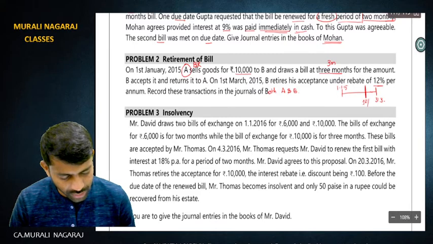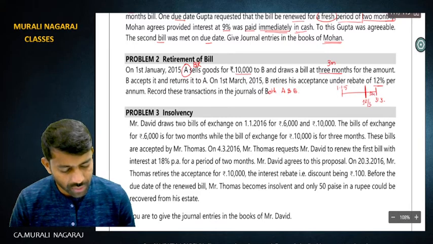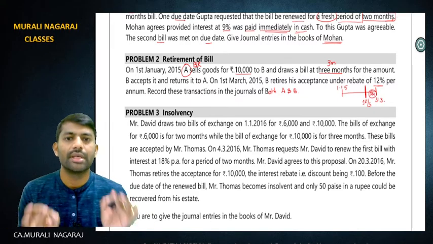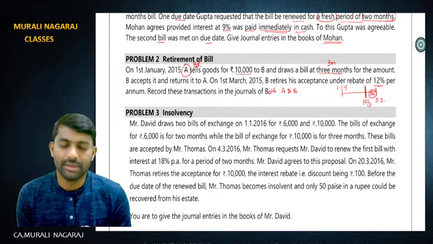So he is paying the bill 1 month in advance. For that 1 month in advance, whatever interest is there, we will have to allow him as a discount.